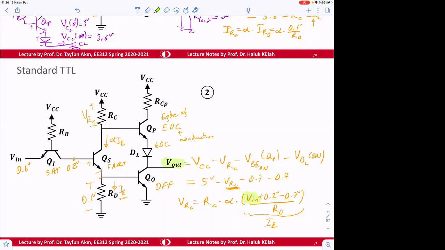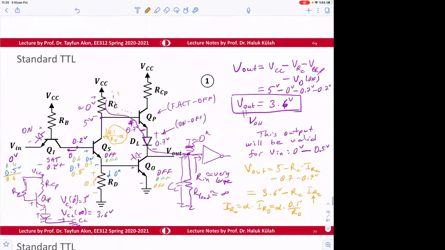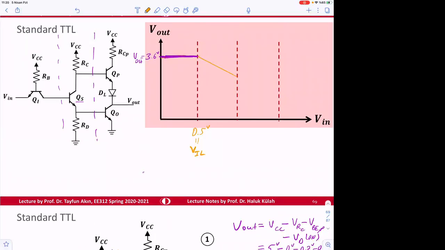Due to this minus sign, the slope is going to be negative, and that's what we see here: slope is negative and output is decreasing. Does it make sense? Yes. Okay.